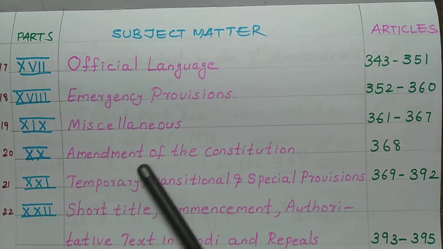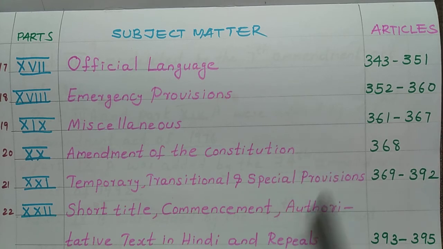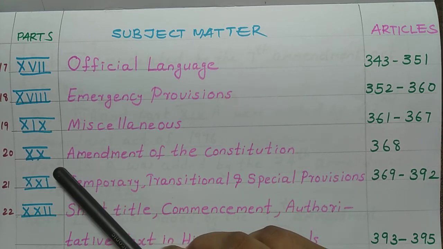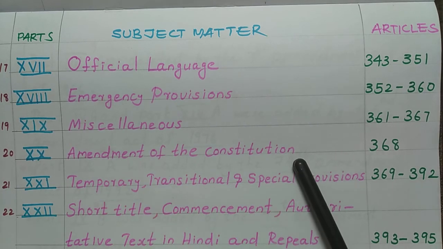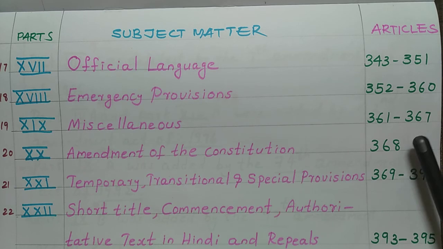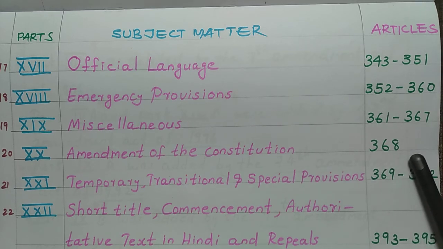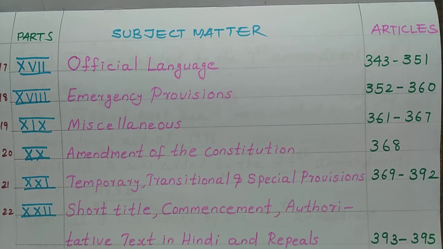Part 20, Amendment of the Constitution. Part 20 includes the amendment of the Constitution and the related article is 368. This article is very important.